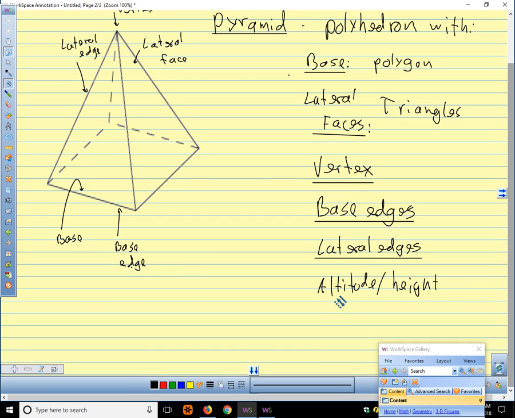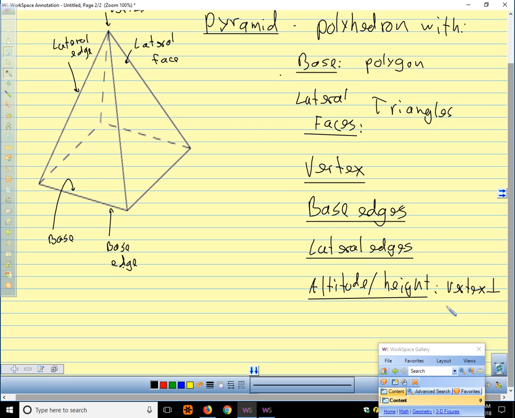The altitude or the height goes from the vertex perpendicular to the base. So I'll draw that in here. Here's my altitude or my height, and that's a 90-degree angle.